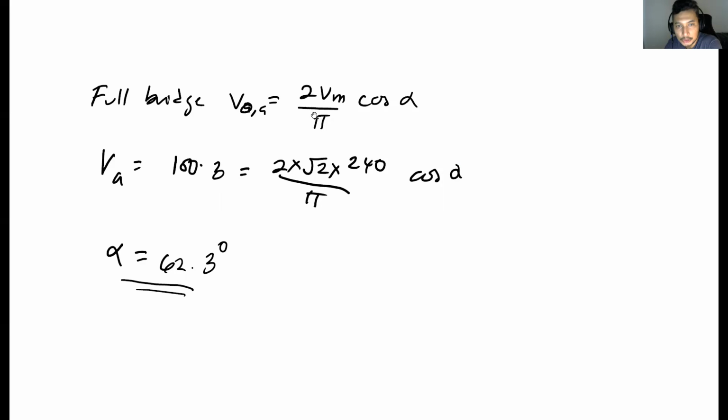Why are we using this? Because we assume that the rectifier is operated under CCM. I would like to recall again that for the full wave controlled rectifier, there are two conditions: whether your rectifier is under continuous conduction mode or discontinuous conduction mode.